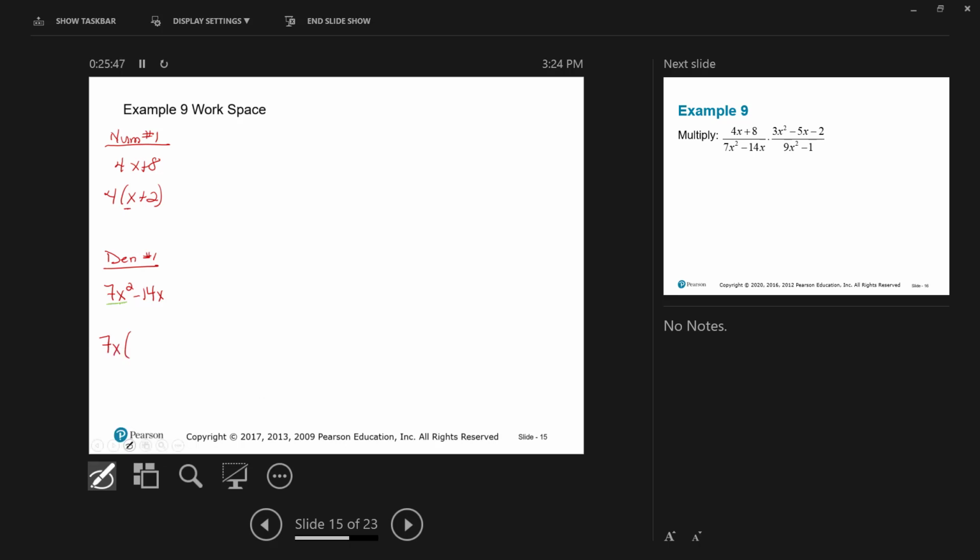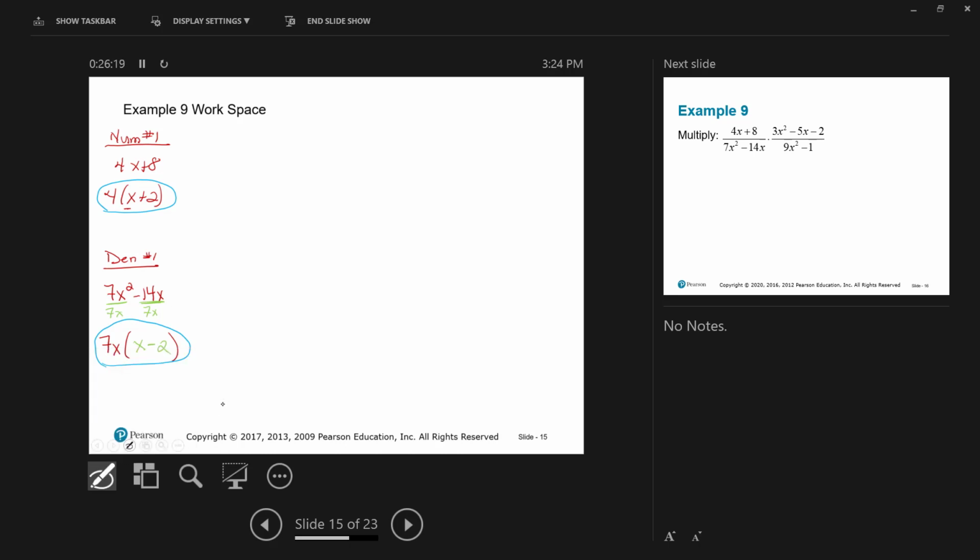That means I'm dividing each one of these by a 7 and an x, because now you can see what's left over. What's left over is just an x on the first one and a minus 2 on the second one. If you're this visual, please make sure you do it. So, numerator 1 has been factored. Denominator 1 has been factored. Good.